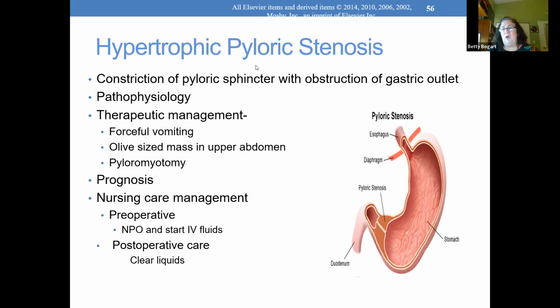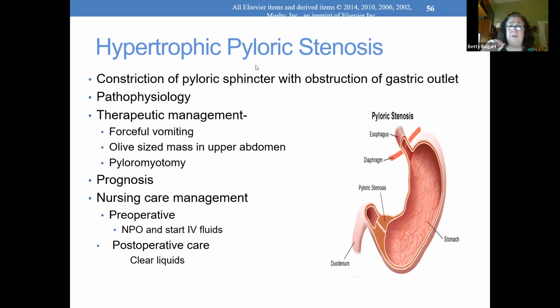Because this child's going to surgery as soon as we can get them upstairs, because we don't want them vomiting and aspirating, because that's our concern. So we make this child NPO. We don't want anything in that stomach, okay? We're going to start IV fluids for when they go upstairs. And we might even start an antibiotic on them, you know, as prophylaxis.